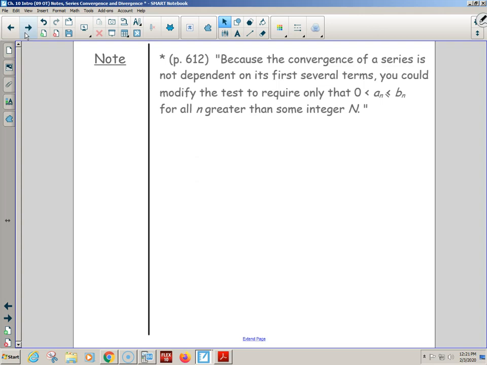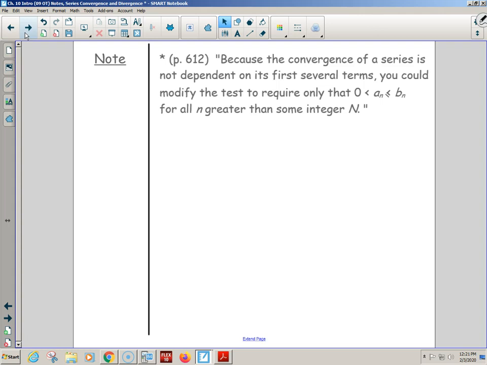Let me show this to you because this is super helpful, not only for the direct comparison test, but also for the integral test. I've mentioned to you guys that it's very possible we're going to see some series where the conditions are not met for certain tests at the very beginning, but if we could just separate some of those terms off on their own, like a1 plus a2 plus, okay, the infinite series from 3 to infinity.